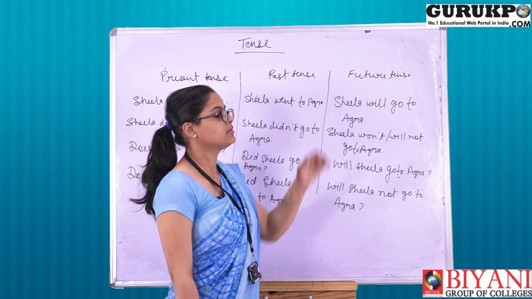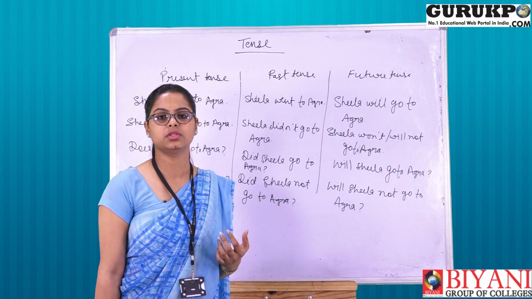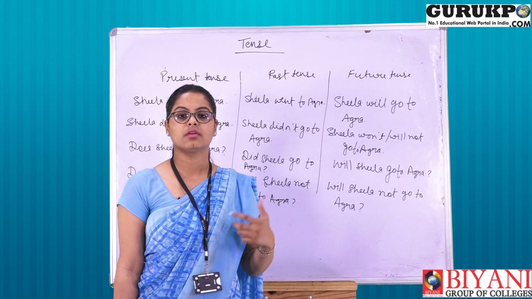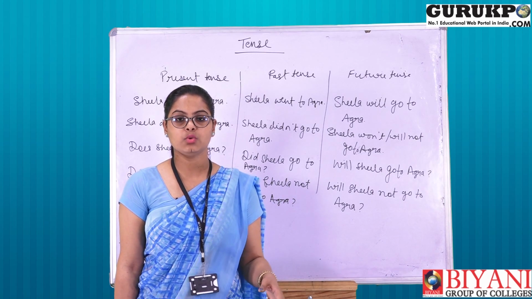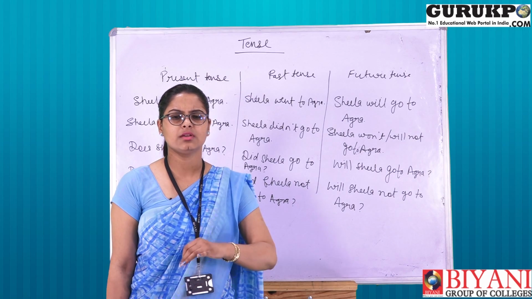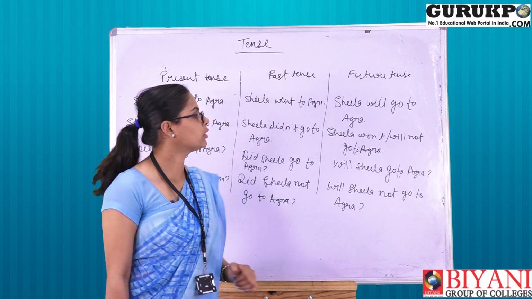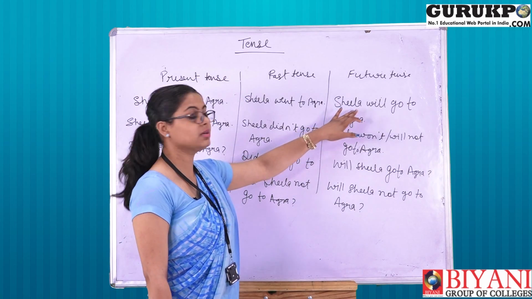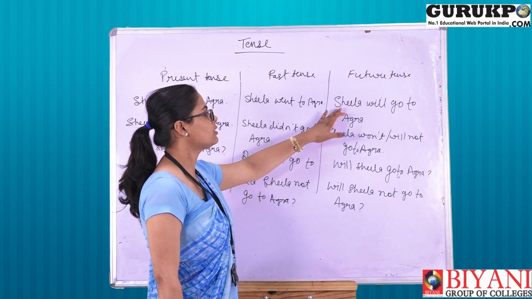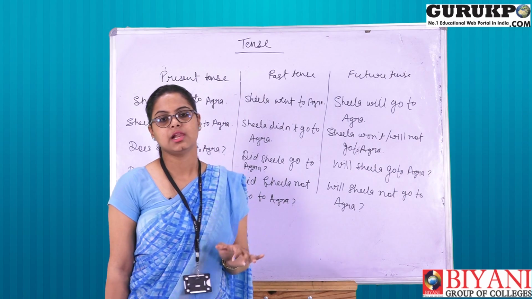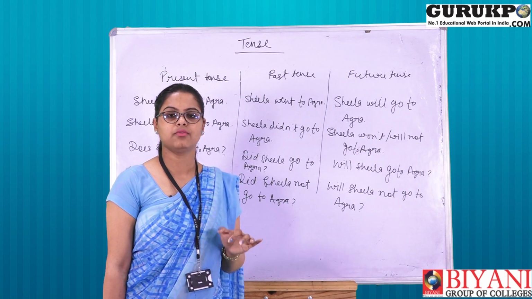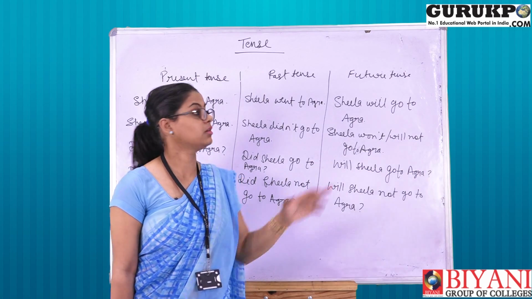Next is future tense. Future tense always talks about the time which will happen, which is going to happen, which is about to happen, and about which we are actually not sure. I would like to tell you the formula first. Subject plus will or shall are the auxiliary forms used in future tense.